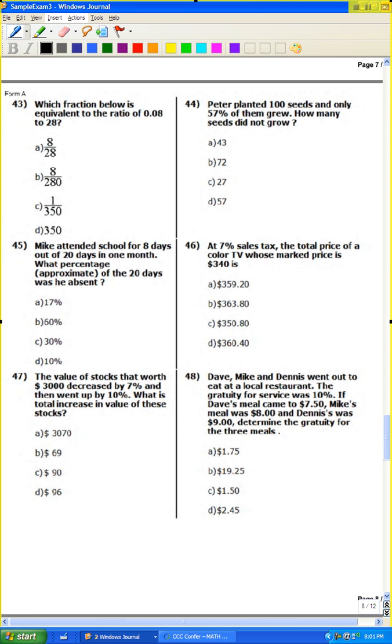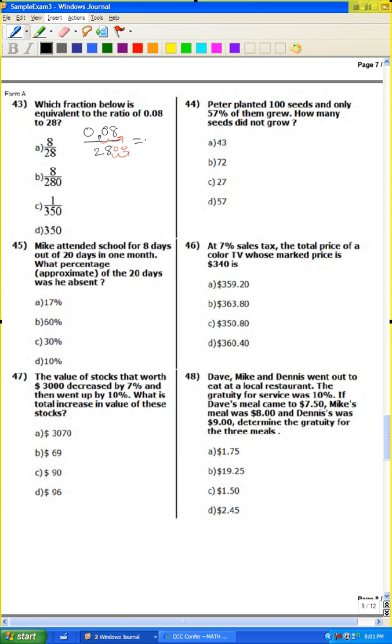43. The fraction below is equivalent to the ratio of 0.08 to 28. Well, let's move my decimal 2 over. So I'm going to have to add 2 more zeros.